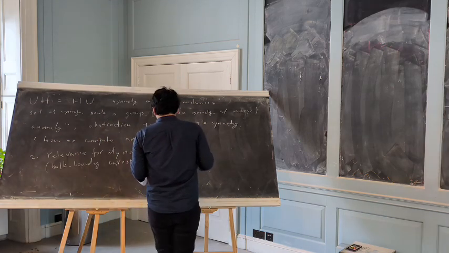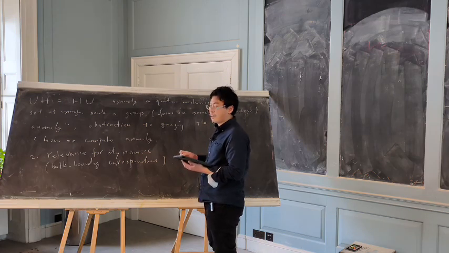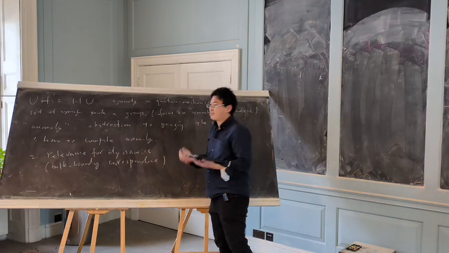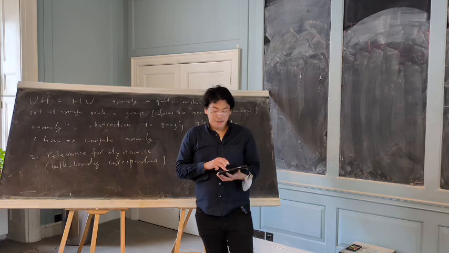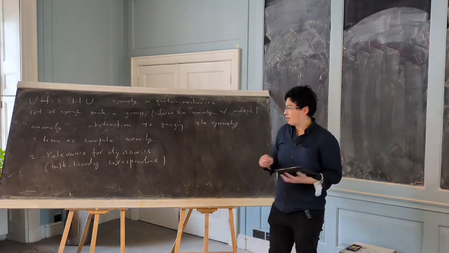So basically anomaly, as I said earlier, is an obstruction to gauging the symmetry. Now, what's an obstruction to gauging the symmetry? When we gauge a symmetry, we want to restrict the Hilbert space to be in the charge singlet sector.